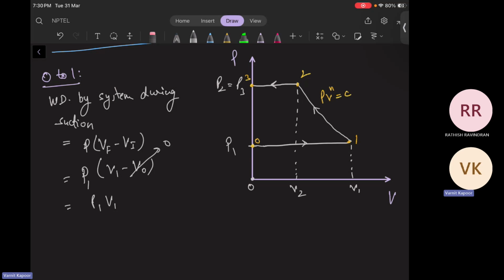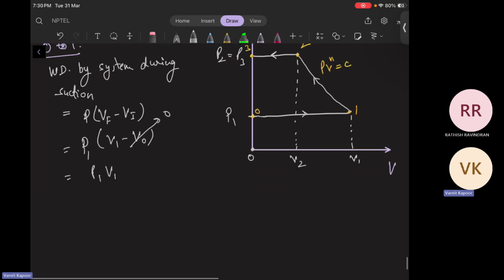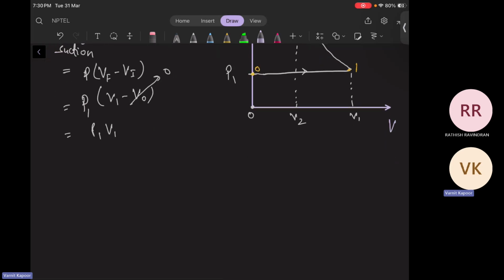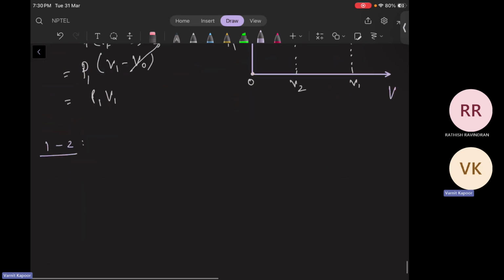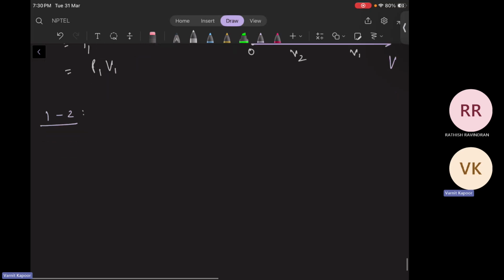P1 V1. Then from 1 to 2, it's a polytropic process. From stage 1 to stage 2, work done on the system during compression.